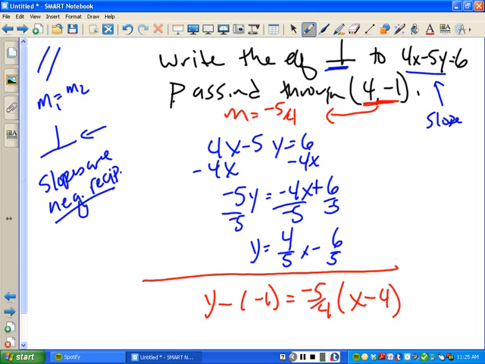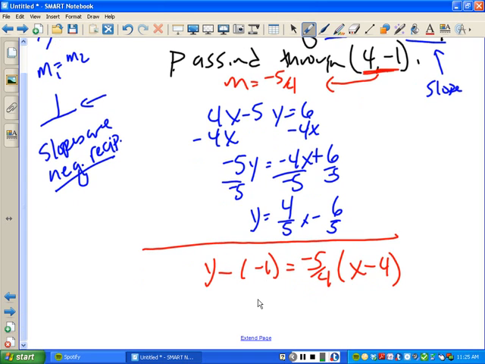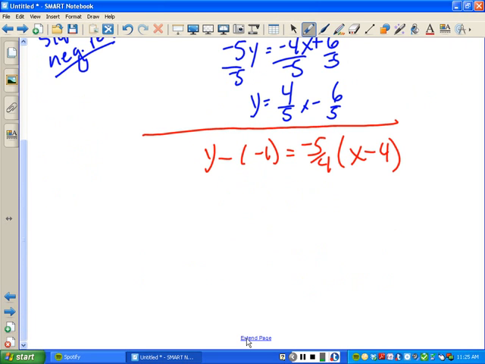Okay. First of all, negative and negative become positive. So y plus 1 equals negative 5/4 x minus 4.